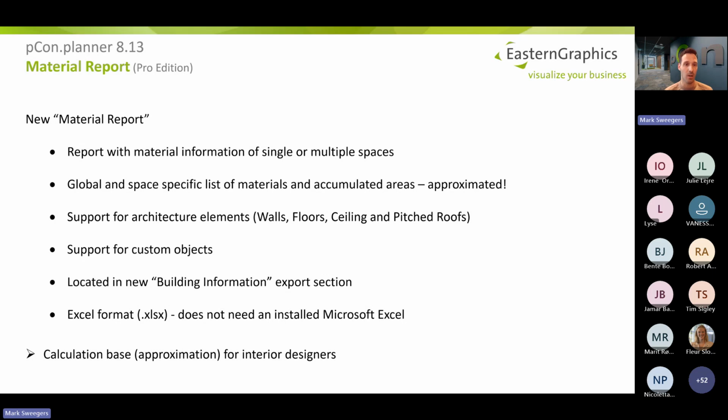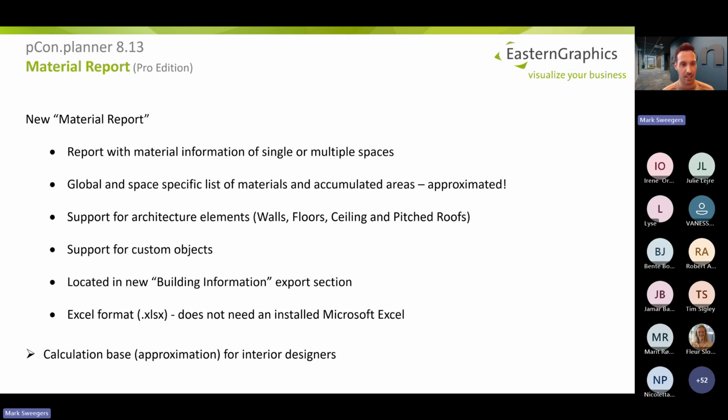I will showcase where you can find this. But most important for you to know is that the generated Excel format, which is an XLSX, does not need an installed Microsoft Excel app. It's included within pCon.planner and generated accordingly.